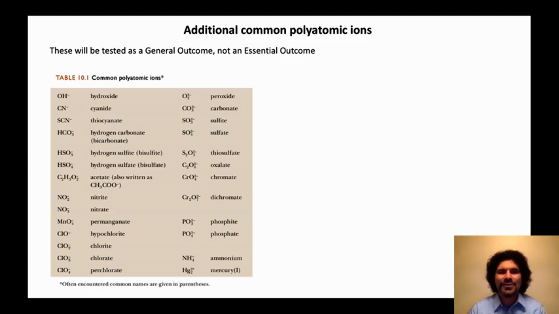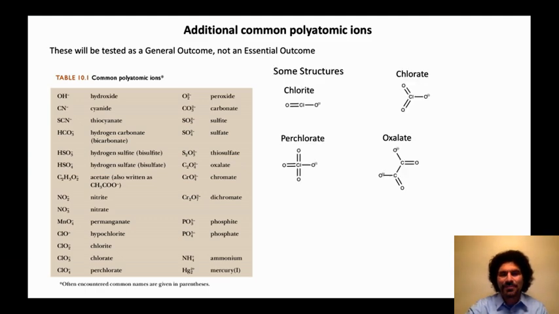I would like you to know the name bicarbonate. Then you also have bisulfite, bisulfate, nitrite, permanganate, hypochlorite, chlorite, chlorate, perchlorate, peroxide, sulfite, thiosulfate, oxalate, chromate, dichromate, phosphite, and mercury 1 as the other polyatomic ions that are on the table in your textbook.